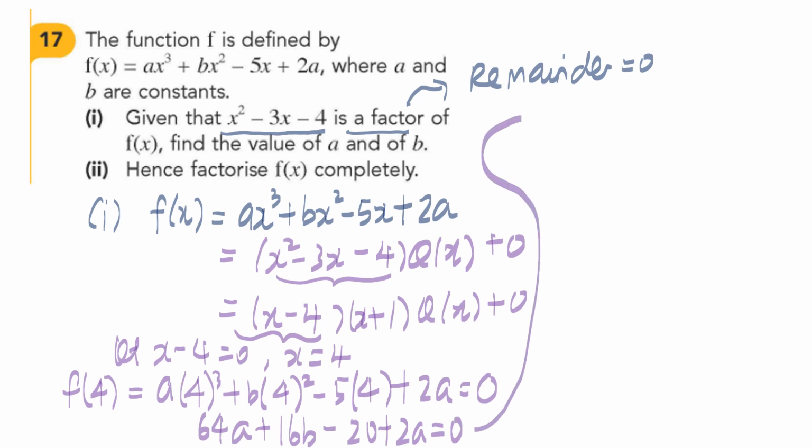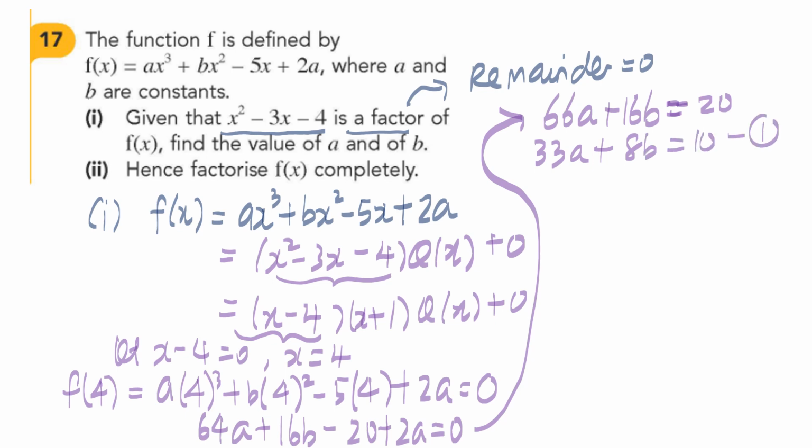If you simplify further, you would get 66a plus 16b equals 20, and you can simplify further by dividing by 2 throughout. That will be 33a plus 8b equals 10. We're going to call this equation 1. We are done with the linear factor x minus 4.